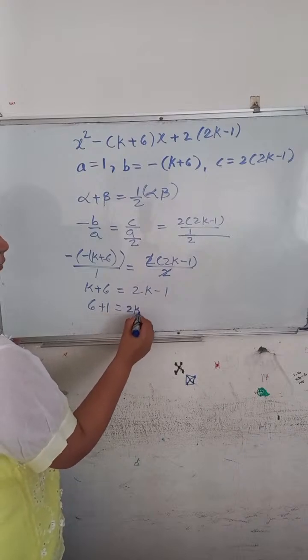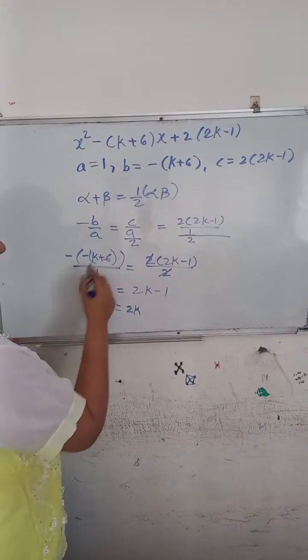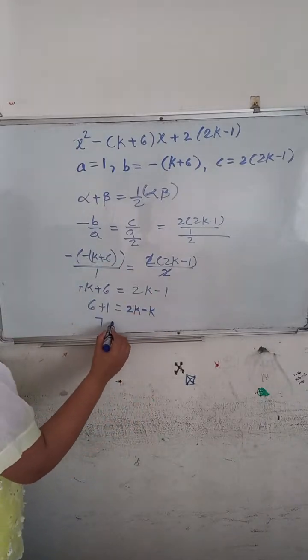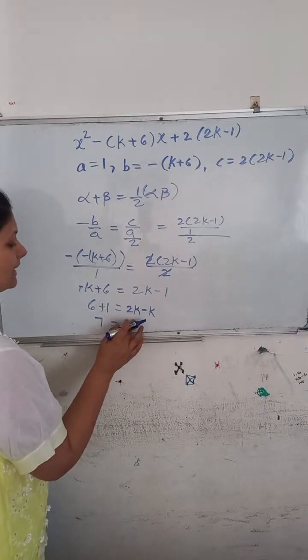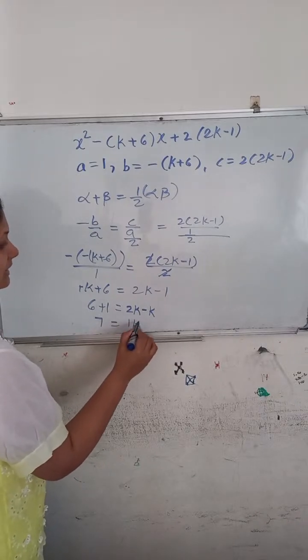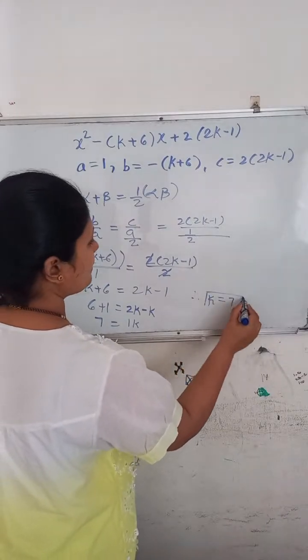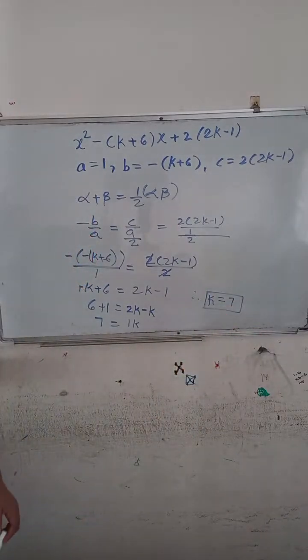Then 2k, this plus k you can transpose to this side, this will become minus k. So 6 plus 1 is 7, and 2k minus k is nothing but 1k. Therefore k is nothing but 7. So the k value is 7. Understood?